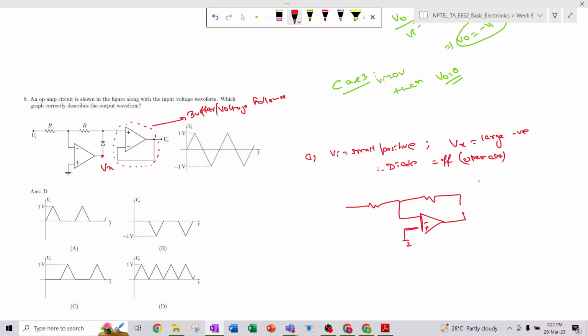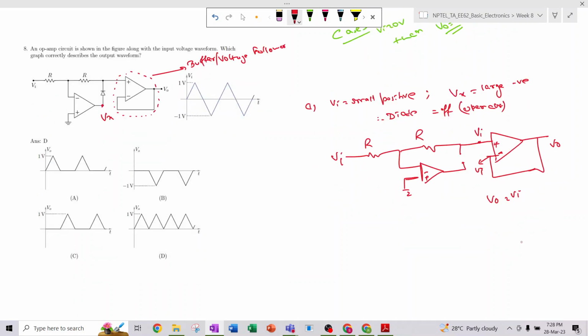This is Vi, this is R, this is R. So basically the Vi voltage will appear across this, and by the virtual short concept this should also be Vi, and this is a voltage follower circuit, so the VO output will also be equal to Vi.